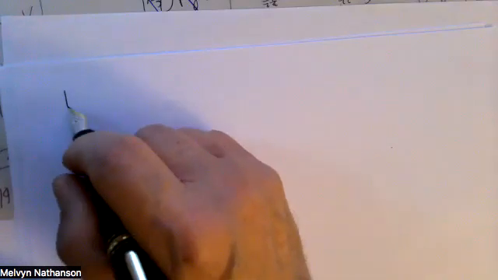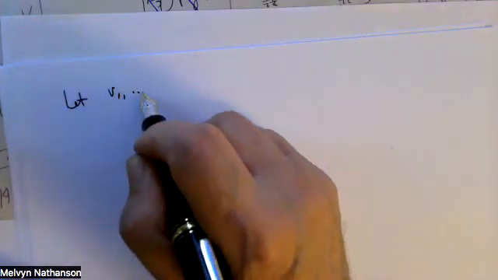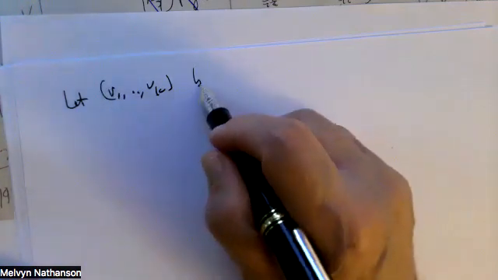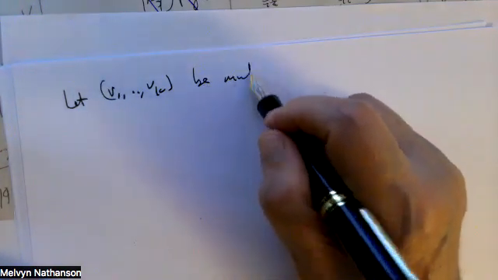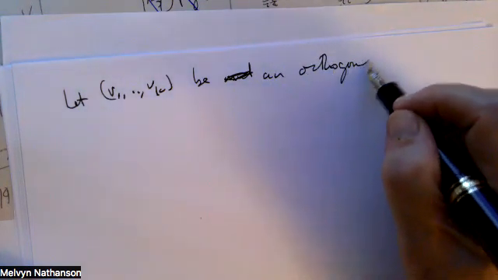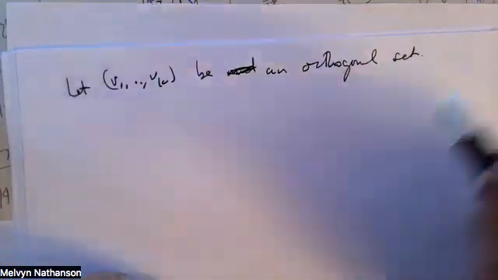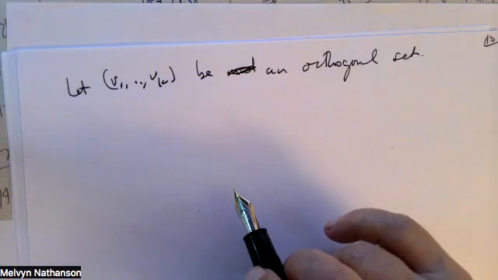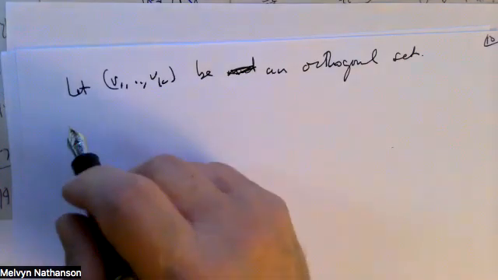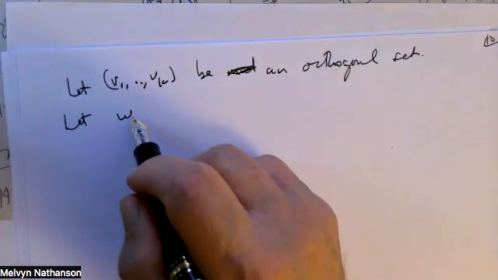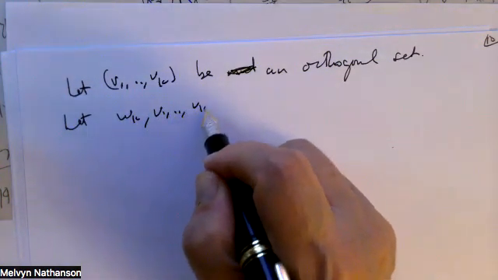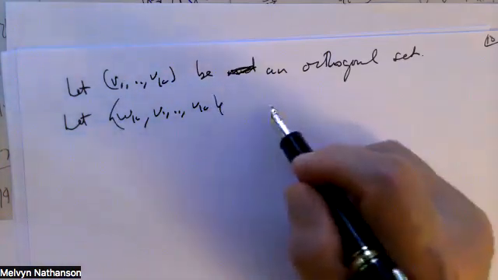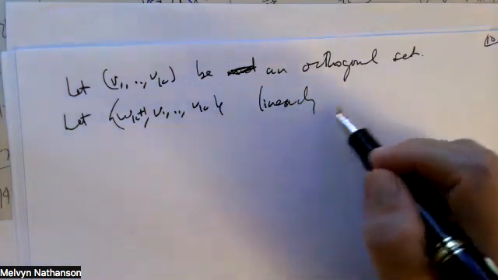So that V1 up to Vk be mutually orthogonal, an orthogonal set. That means every pair of different vectors in that set has inner product 0. And suppose V1 up to Vk, Wk+1 is linearly independent.